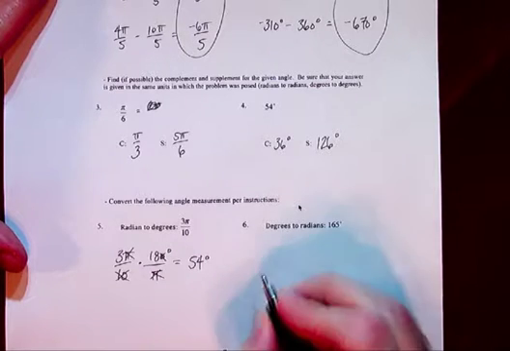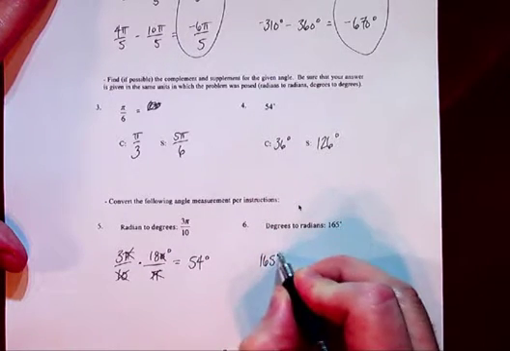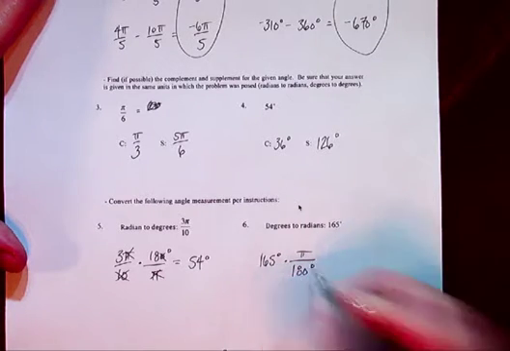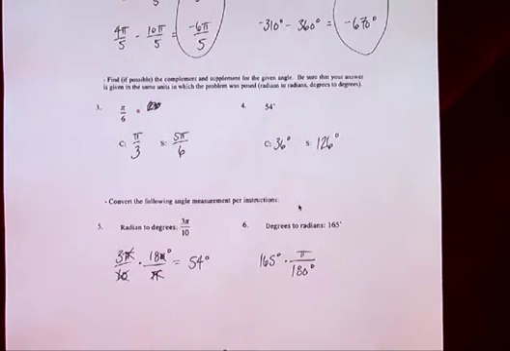Degrees to radians. I have 165 degrees times pi over 180 degrees. Now we notice that 165 is 15 shy of 180. We also know that 15 is a common factor for both 165 and 180.